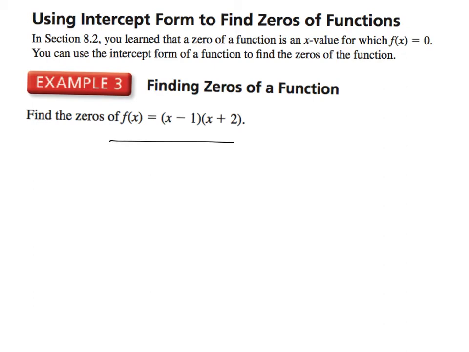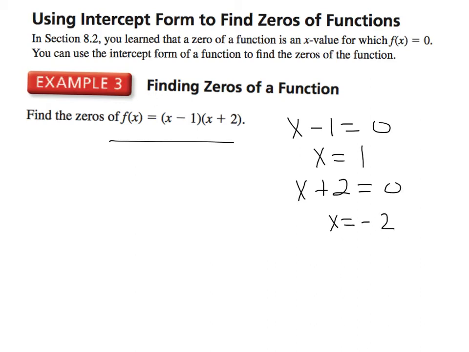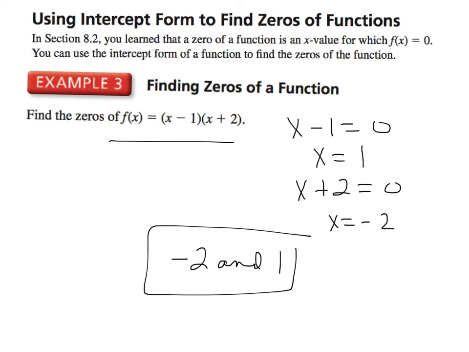F of x equals x minus 1 multiplied by x plus 2. To find the zeros, I just set both of them equal to 0, which you can do without showing any work. To solve this, the zeros of the function are negative 2 and 1.